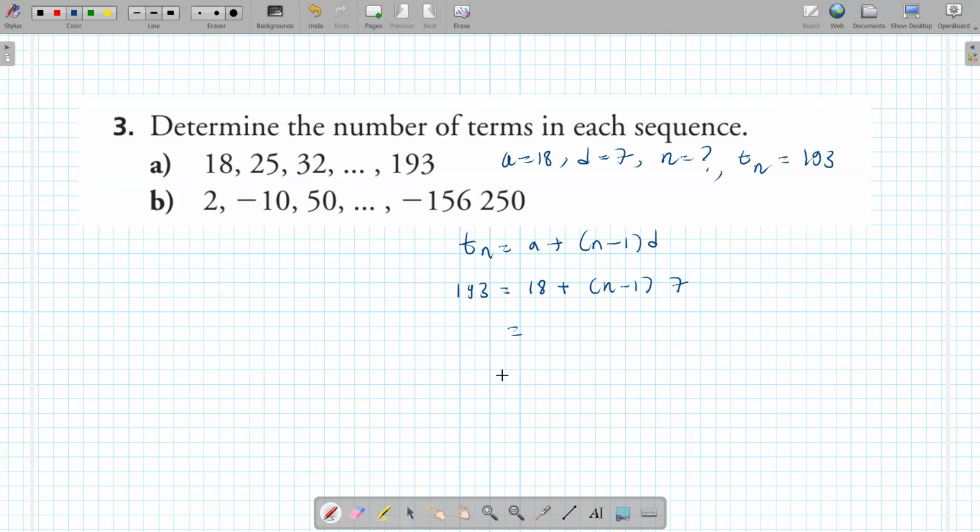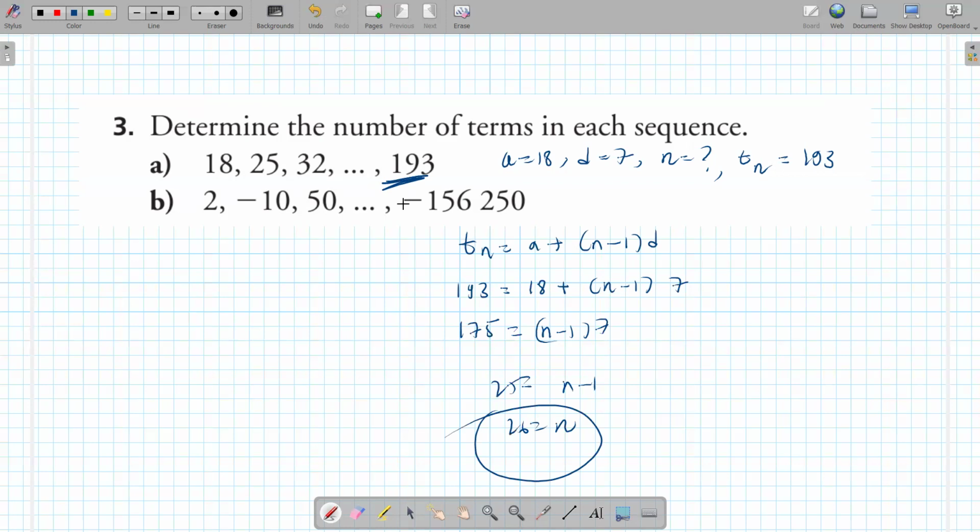You subtract 18, so that's going to be 175 is equal to n minus 1 times 7. And then you divide by 7. So that's 25. And then you add 1, so it's going to be 26. So this is your 26th term. So there are 26 terms in this sequence.